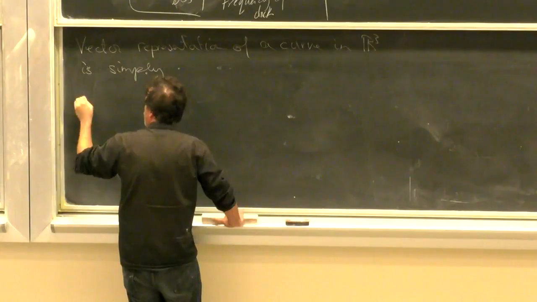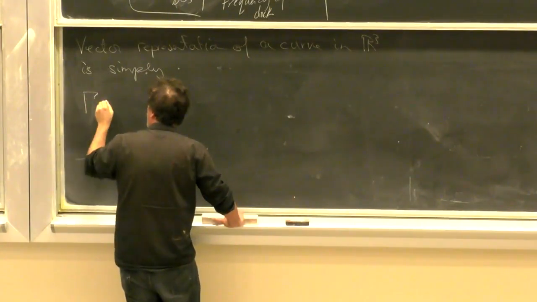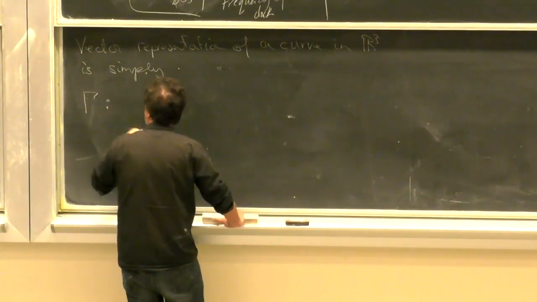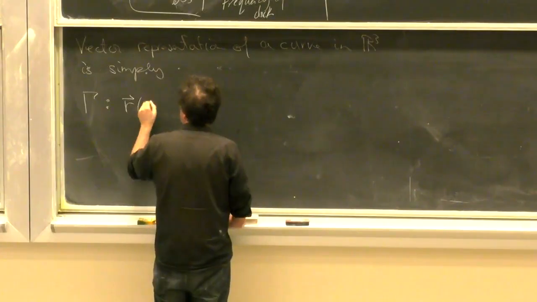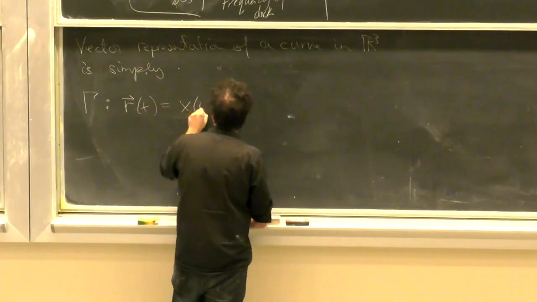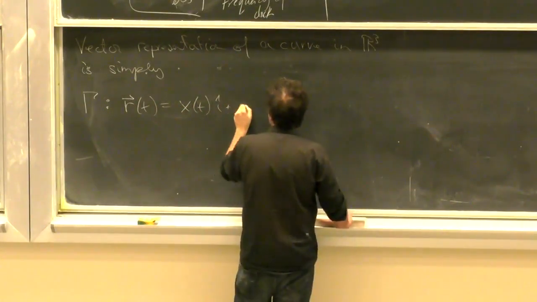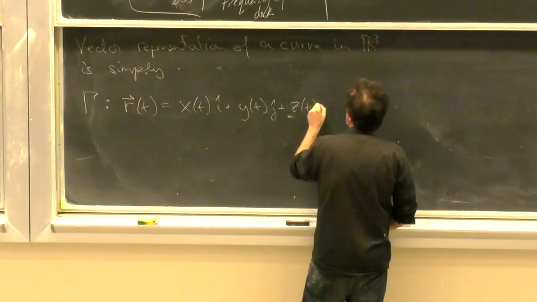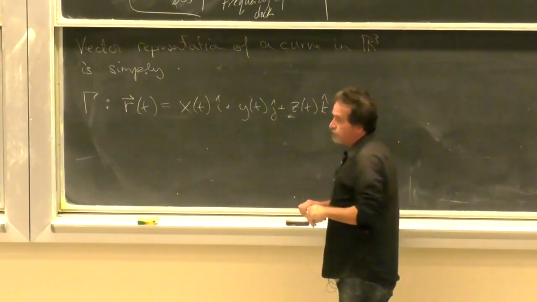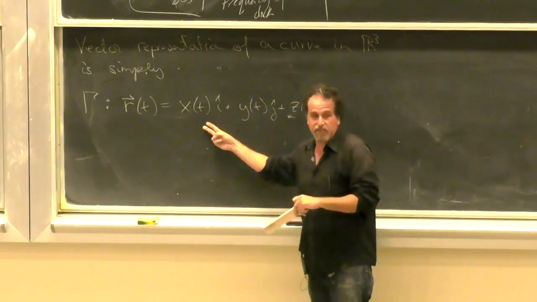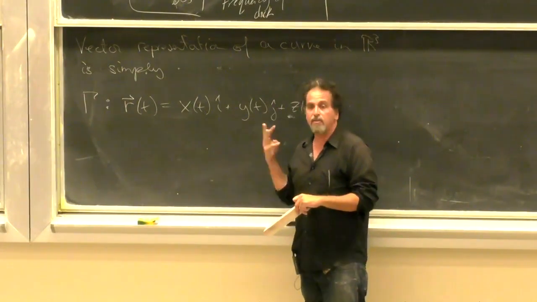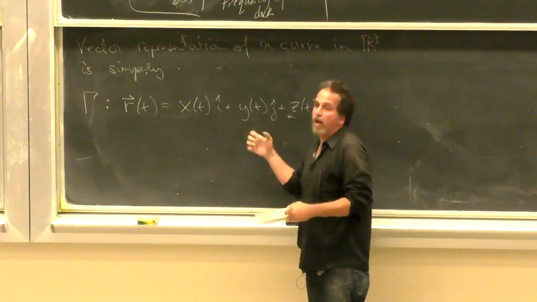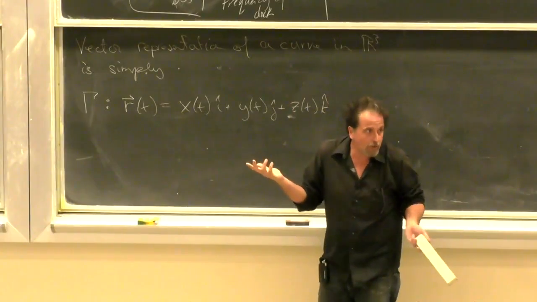If I have a curve in R2, often I will call the curve gamma. This means the curve is given by r vector of t, which equals x of t i hat plus y of t j hat plus z of t k hat. So in 2 dimensions, I need an x of t and a y of t. In 3 dimensions, I need an x, y, and a z. I need all 3 coordinates.